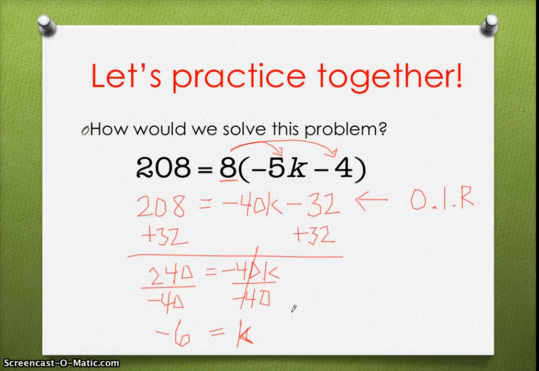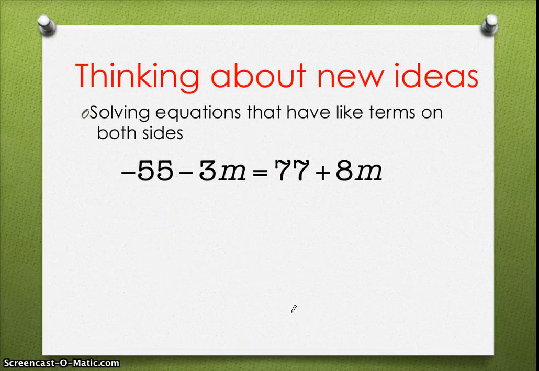I have one last type of problem to introduce to you before we go and practice on our own. And that's an example of what if we have variables on both sides of the equal sign, on both sides of the equation. So we have an m on the left side and we have an m on the right side.